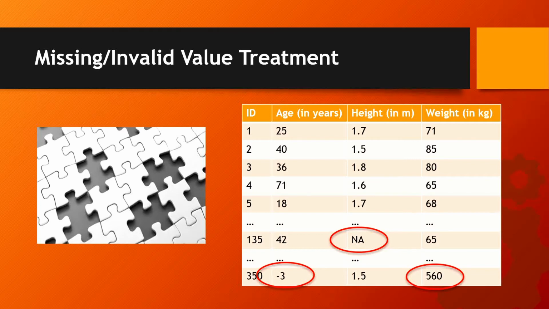So in such cases, we can go back to the source and check if this is possible or not. If it is not possible, then how is it coming in the data? There might be some error in processing the data or collecting it. That's why it might be coming. So we need to take care of that.